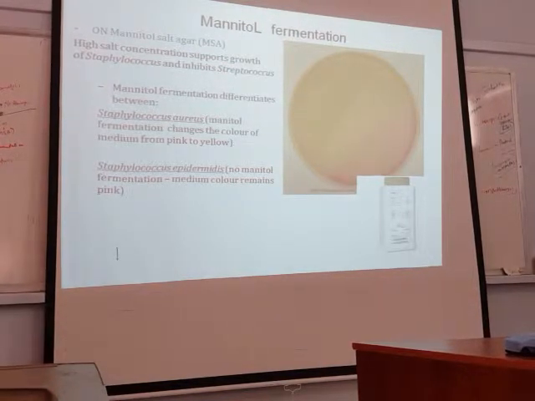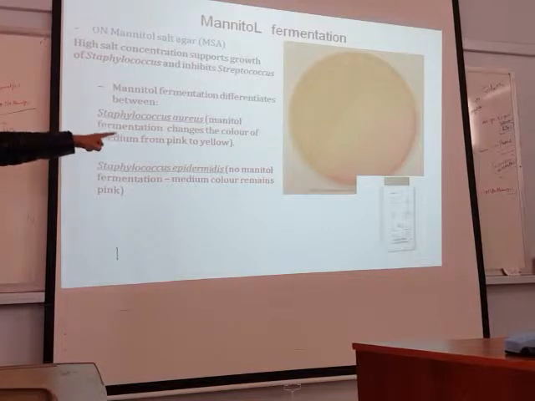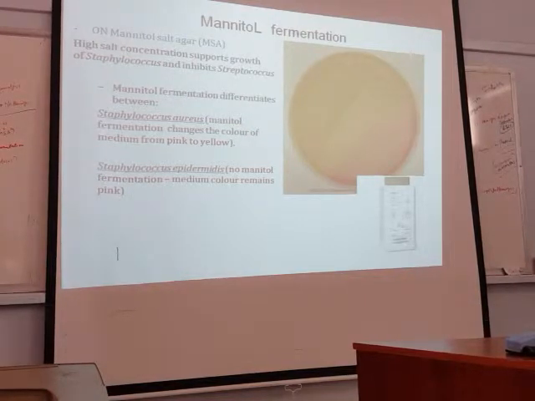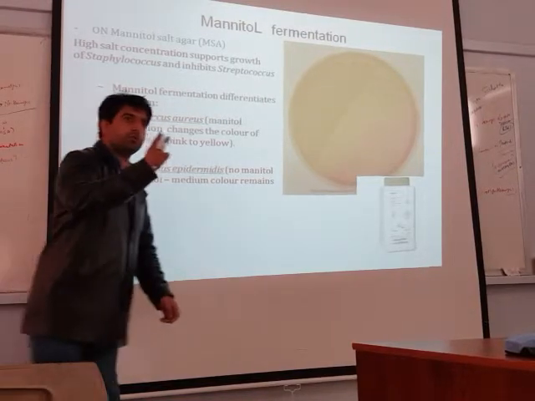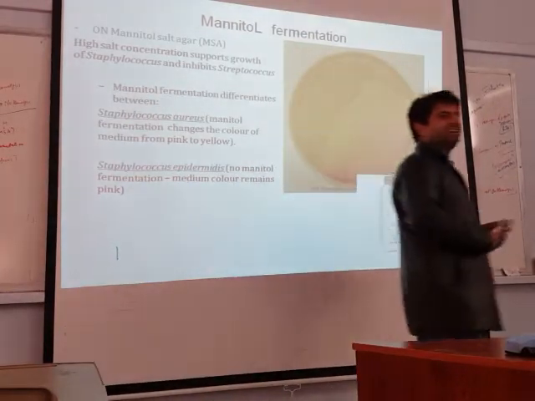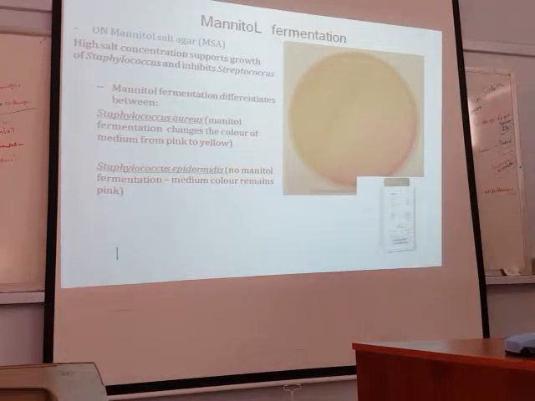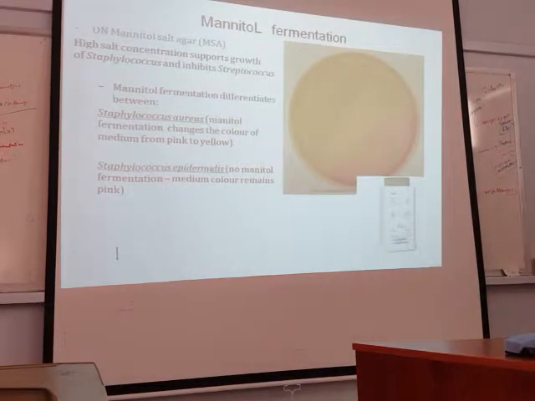So you see here, when Staphylococcus is grown on the MSA agar, it produces pink to yellow colonies. Now, why yellow colonies? Just remember, pigment is produced only in the blood agar.